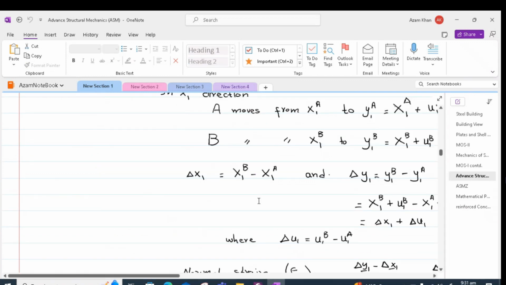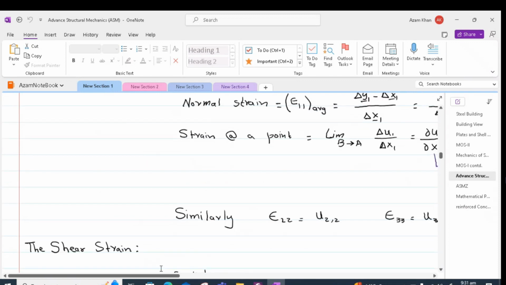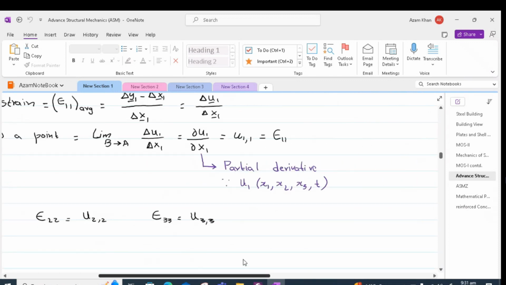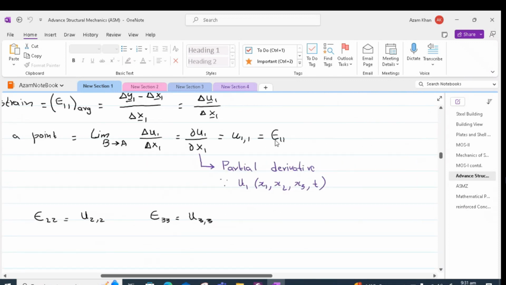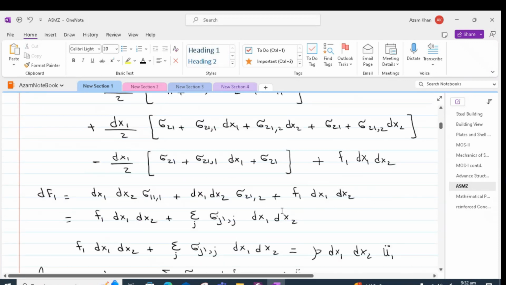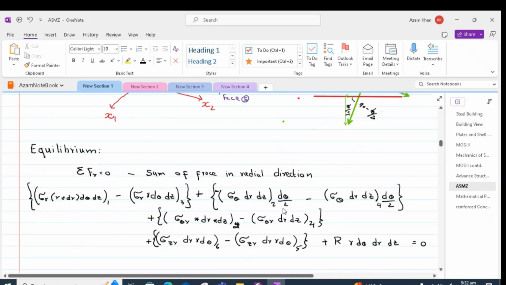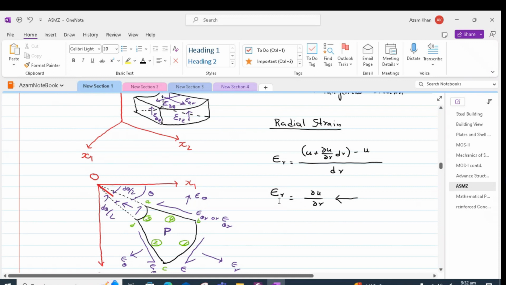This is similar to what we got in the Cartesian coordinate system, where we had the strain in one direction equal to partial u1 by partial x1. So there is an analogy between the normal strain in the Cartesian coordinate system and the radial strain in the cylindrical coordinate system. This is our first strain expression.